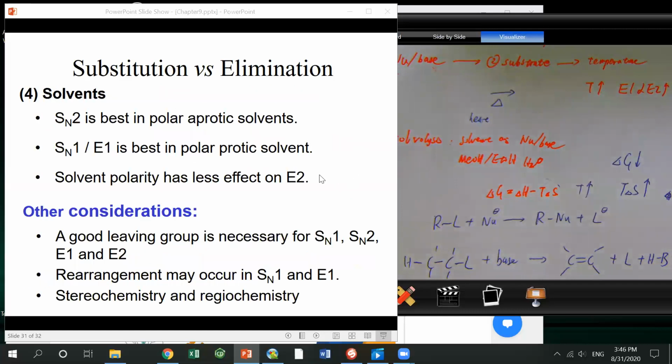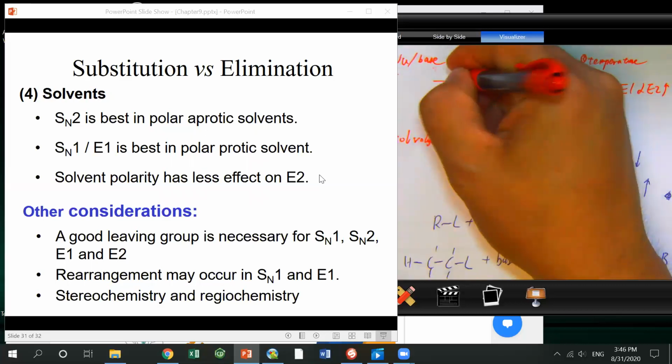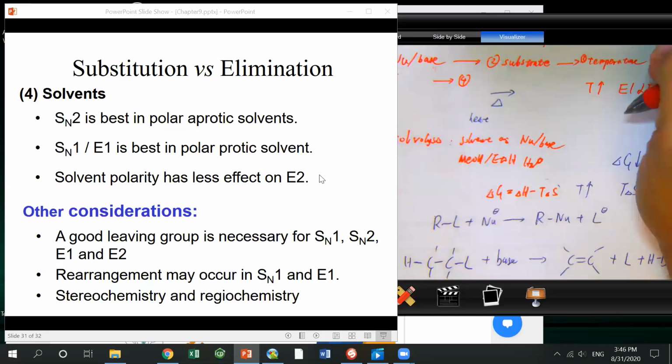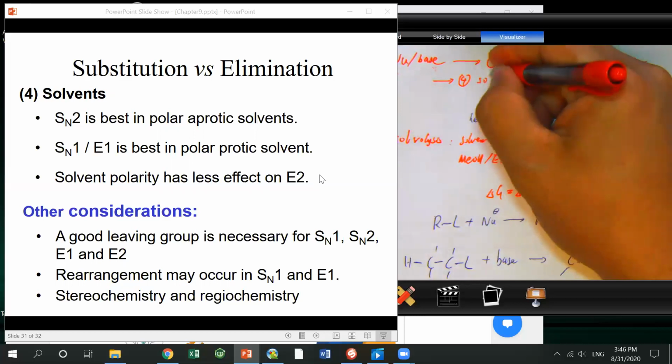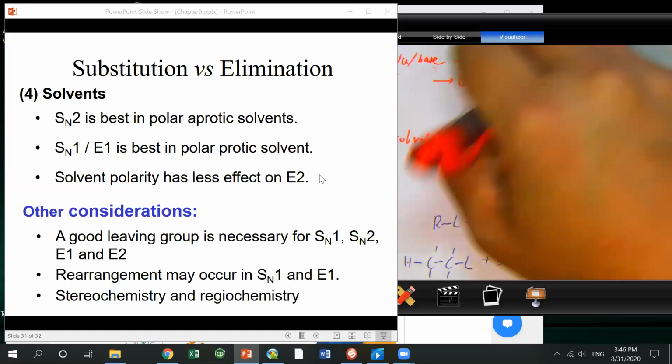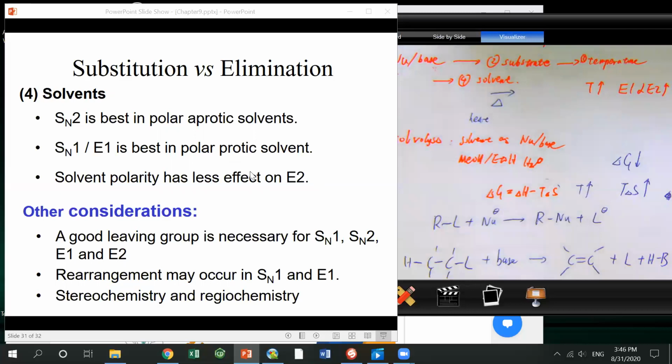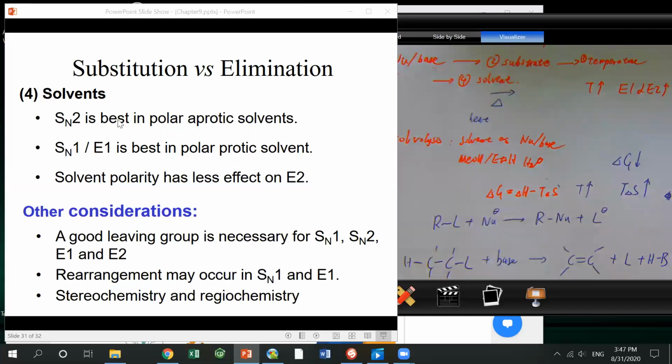And then in the end, number 4, you need to look at the solvent. For the SN2 reaction, we know it prefers a polar aprotic solvent, like DMSO, DMF, acetonitrile, acetone.